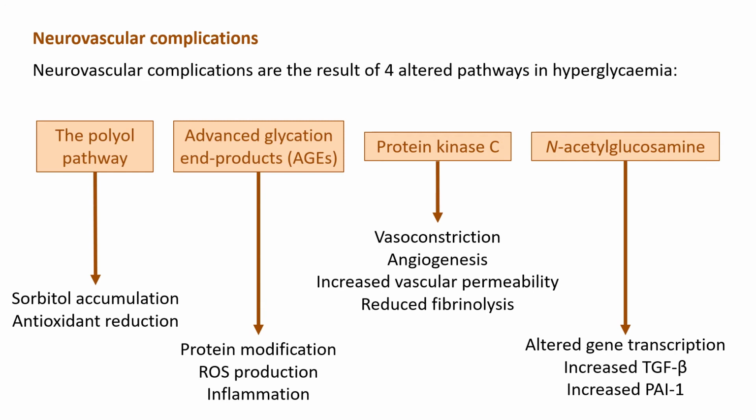It also increases TGF-beta, transforming growth factor beta. So it increases one of the key growth factors. It also increases something called PAI-1 that we'll talk about in a minute.